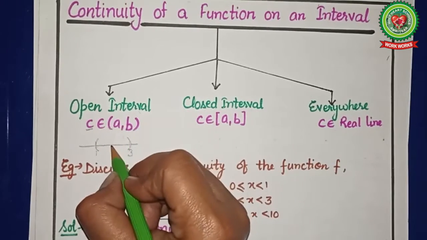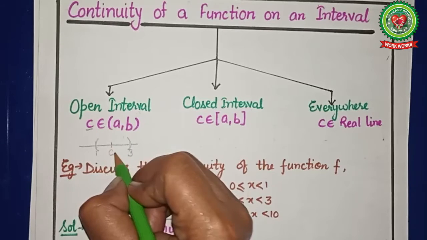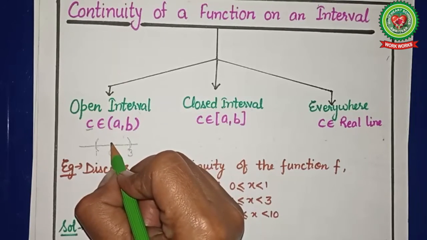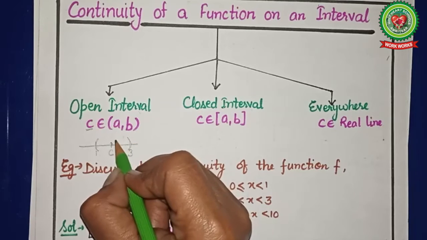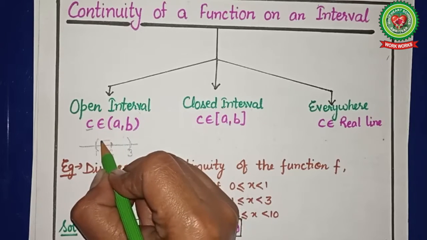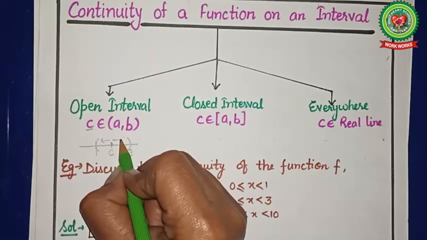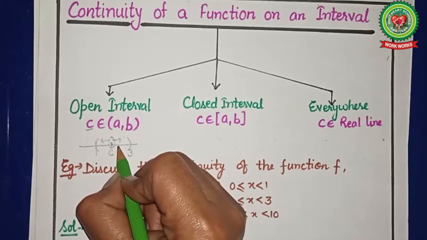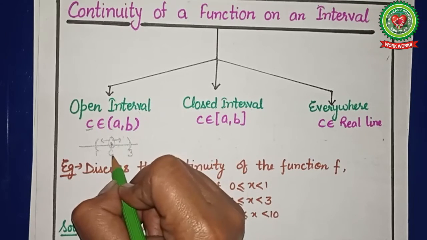If we take any point c in the interval 1 and 3, at this point we will check the continuity. Here we will check the left hand limit, right hand limit and the value of the function at this point, that is c.